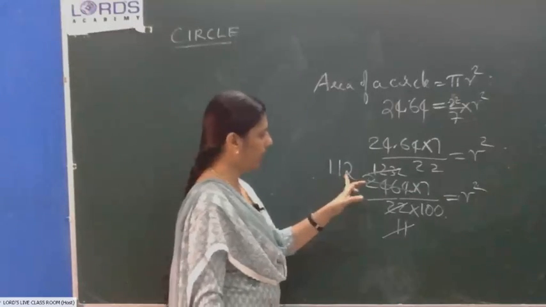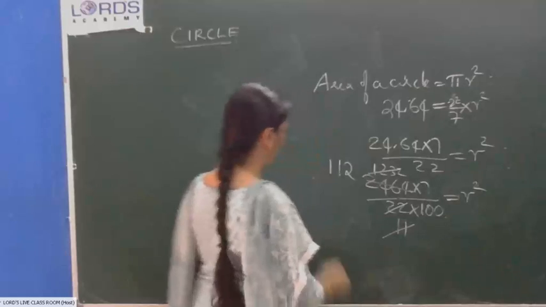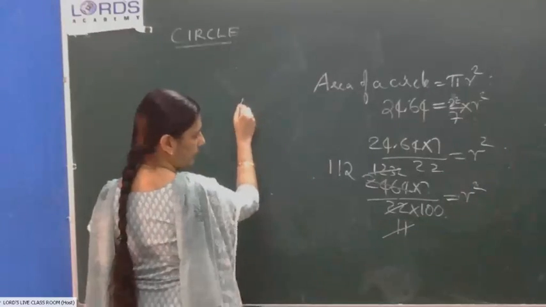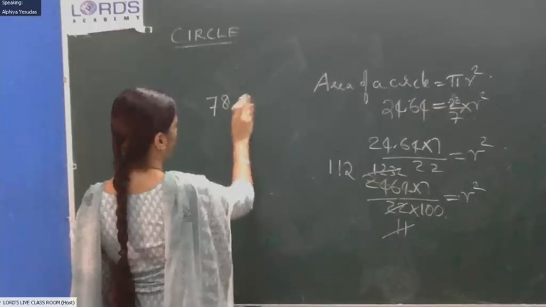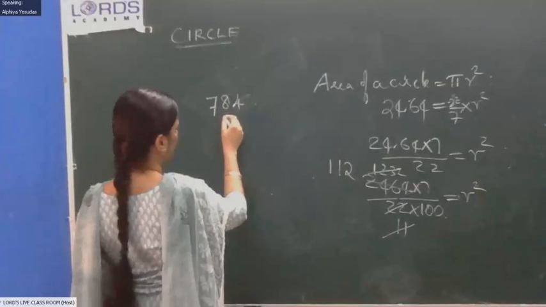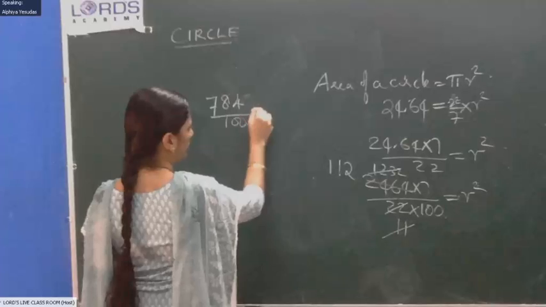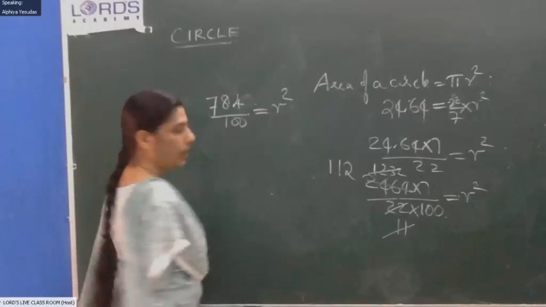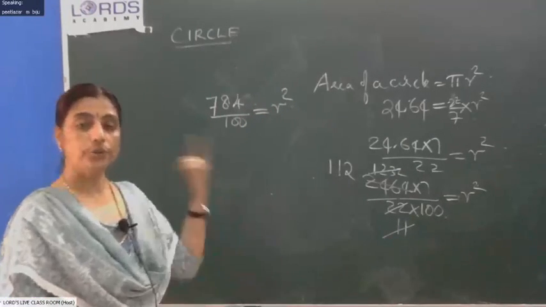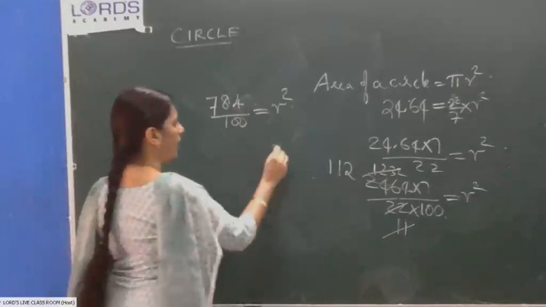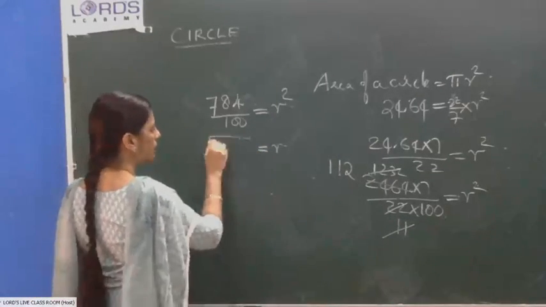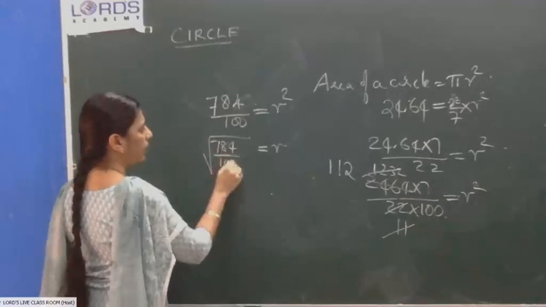So 112 into 7 by 100 equal to r square. Now you have to find its square root. R equal to root of 784 by 100.